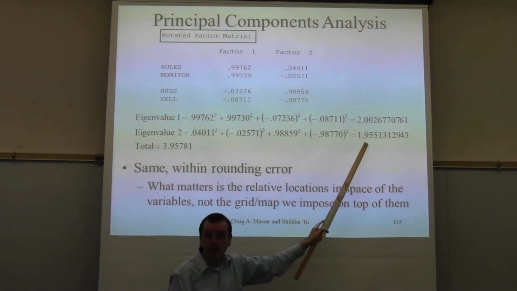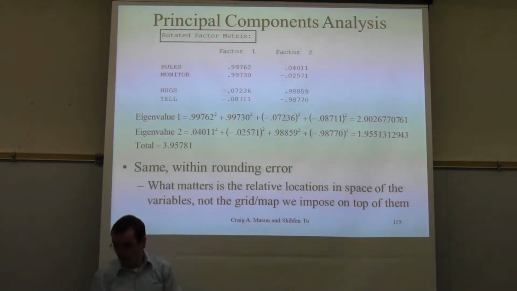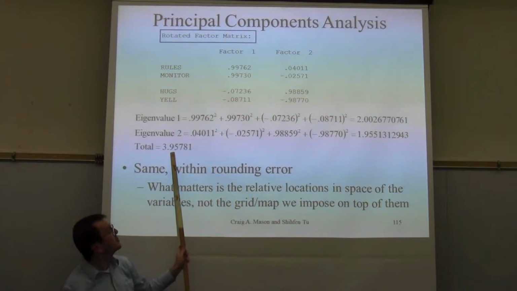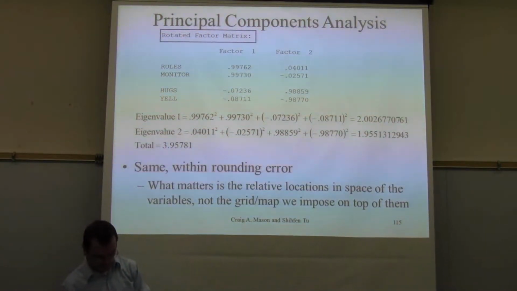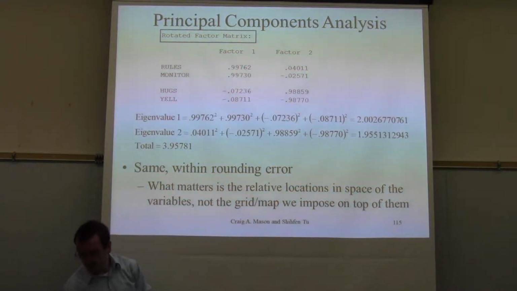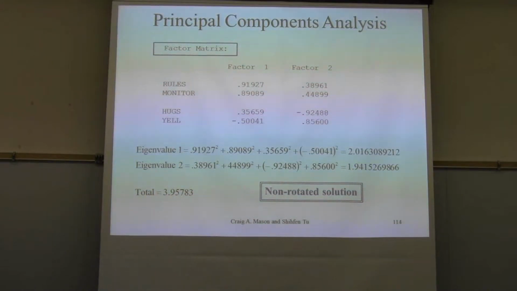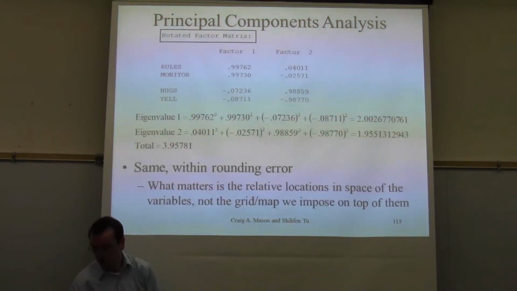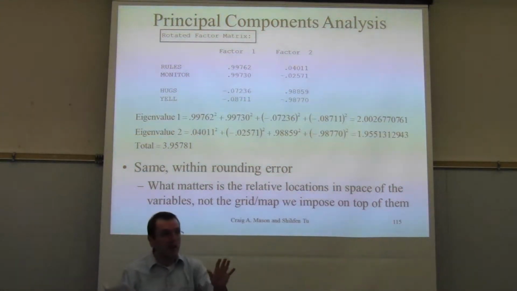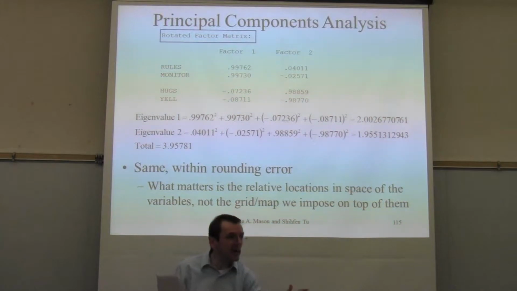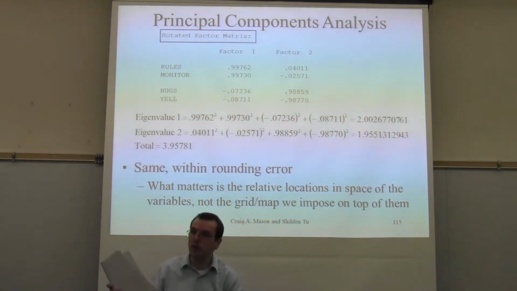This went up a little bit. The sum of the eigenvalues is 3.95. Did I make that point last time? The sum of the eigenvalues is exactly what it was for the non-rotated solution. So the total eigenvalues is exactly the same. But the eigenvalue for factor 1 went down a little bit, and the eigenvalue for factor 2 went up a little bit.